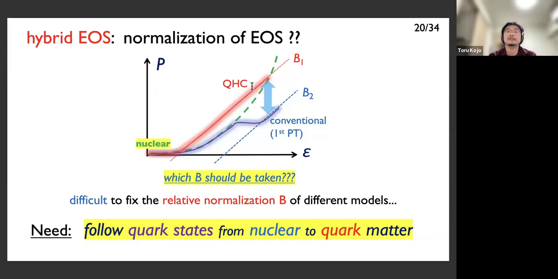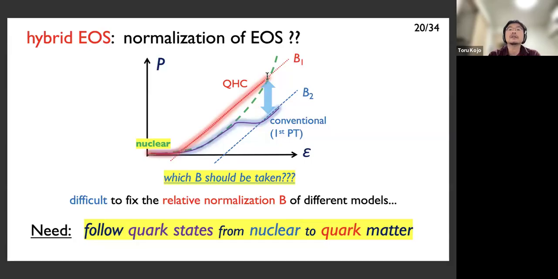Depending on our choice, if we choose a large bag constant, then the quark equation of state is soft, and we can construct a model with first order phase transition. But if we choose a rather small bag constant, then we have the crossover picture. It is very difficult to pin down which relative normalization constant is correct.